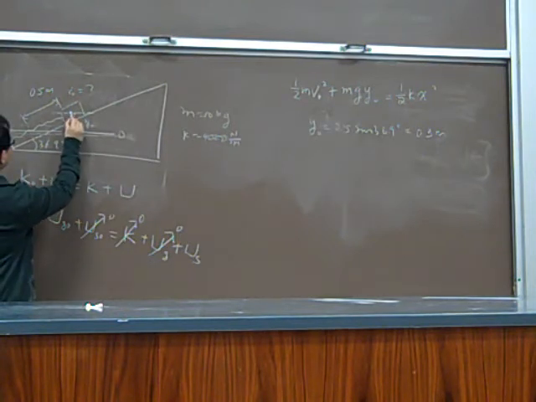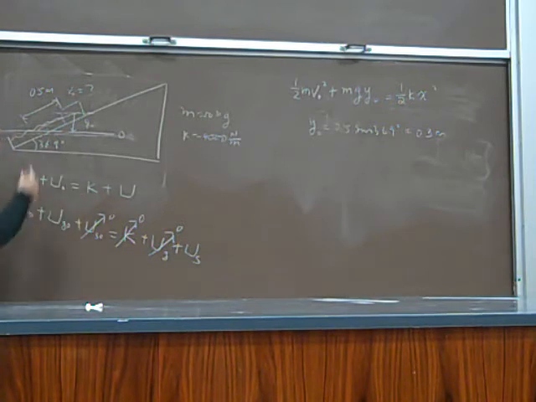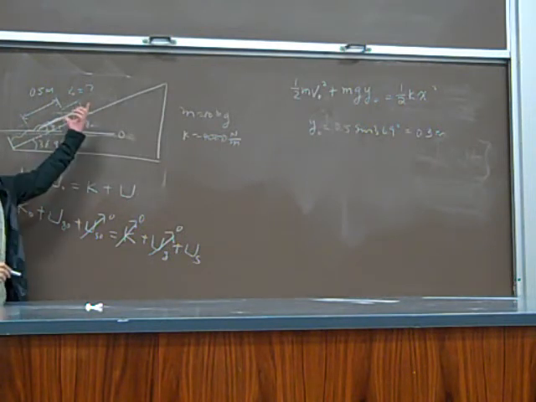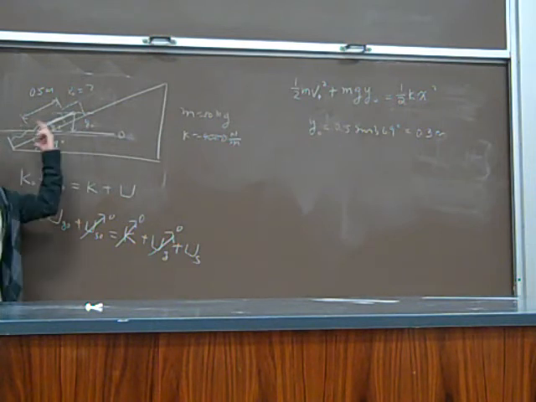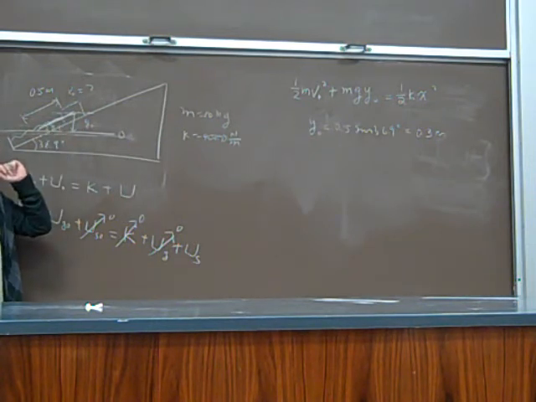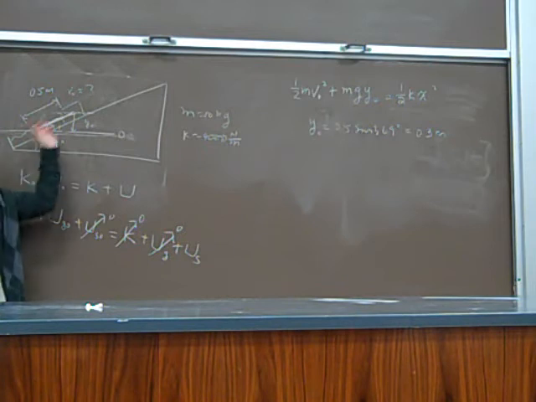For this triangle, this is 36.9 degrees, and this is 0.5 meter, the hypotenuse. So this height is the hypotenuse multiplied by sine 36.9 degrees, right? That's the geometry here. Do you have any question?